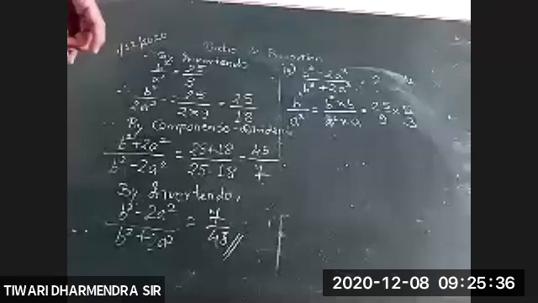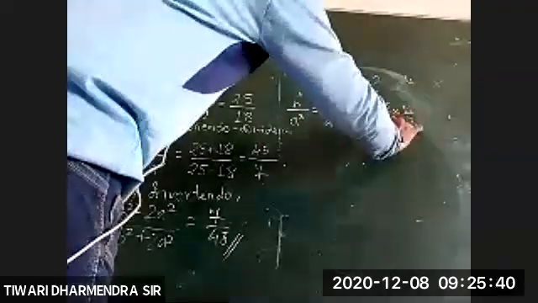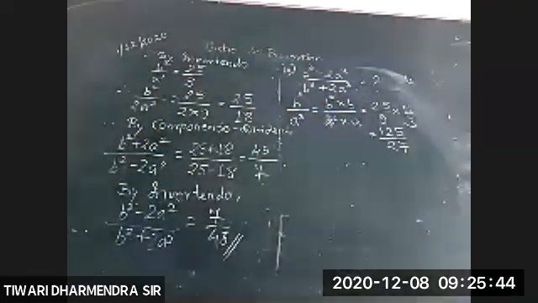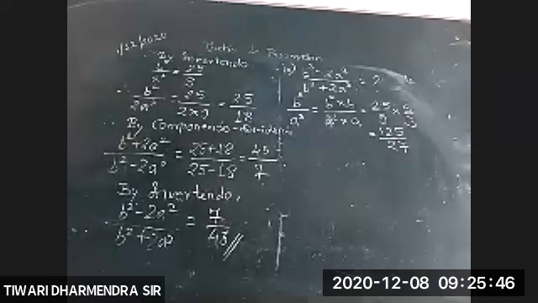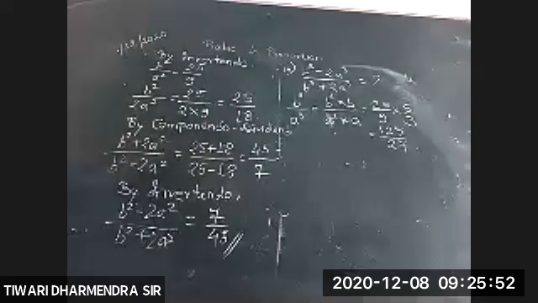Multiplying, then what we get? 25 into 5 is 125 upon 27. So we got b cube by a cube. Now what is required? Along with a cube, we are having 2 multiplied to a cube.